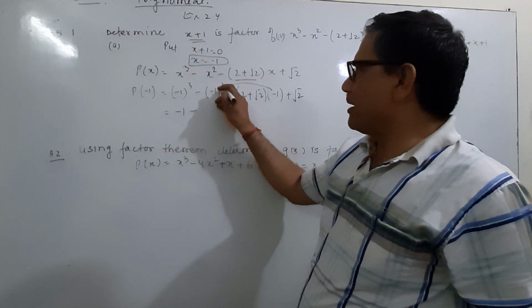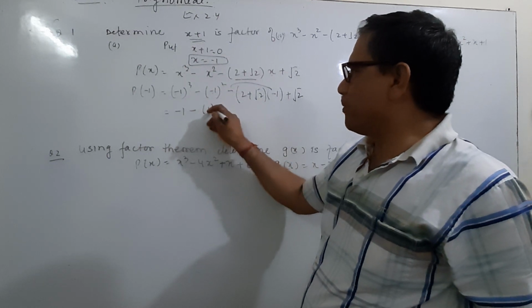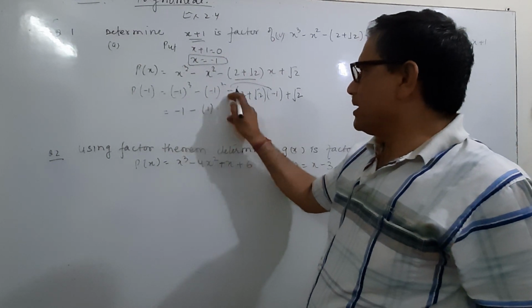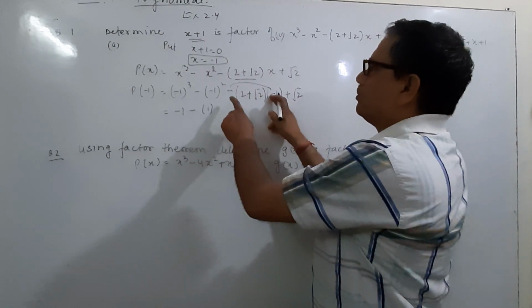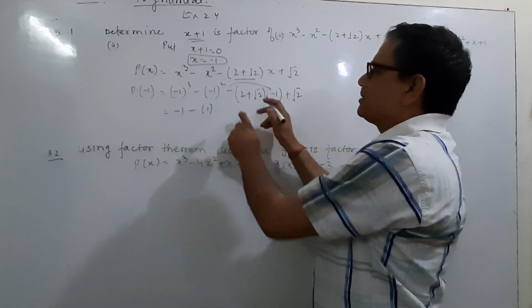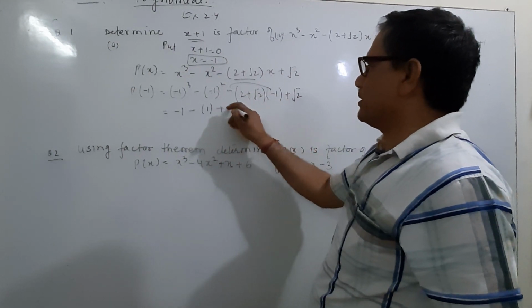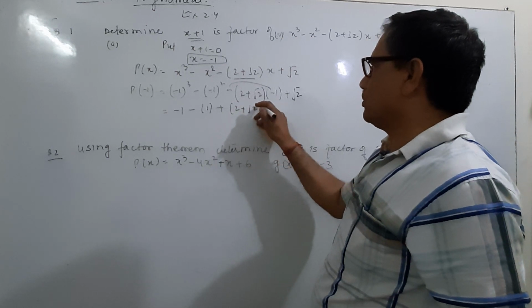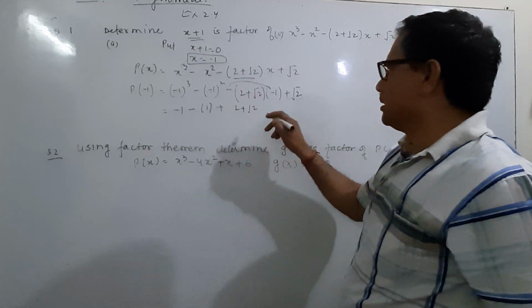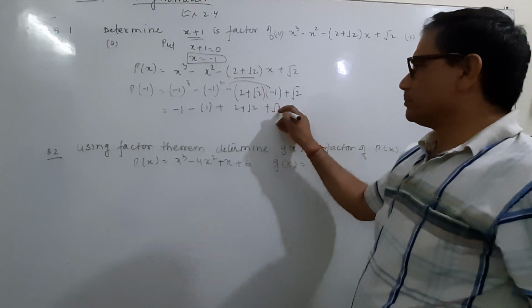If the power is even, the answer is positive. Here are 2 minus signs, a pair, minus into minus is plus, and this will be the same, 2 plus root 2, and now bracket, and plus root 2.